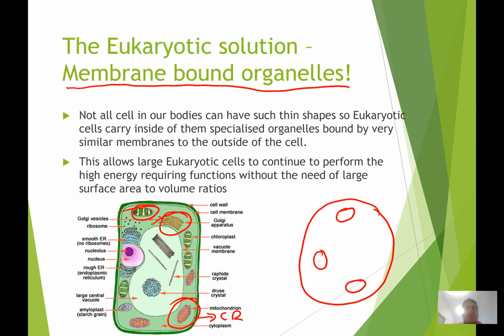All these special jobs can only happen because we have these membrane-bound organelles. And what they're essentially doing is increasing the surface area of a cell. They're increasing the amount of plasma membrane we're getting without increasing that volume, okay? And that's all. Make sure you do the 3 quick questions, and we'll check them in class.